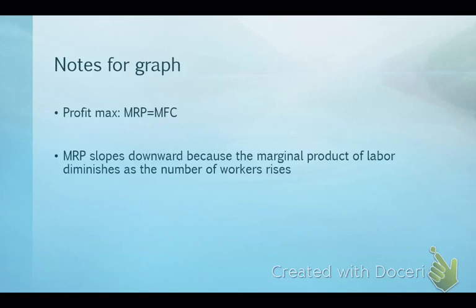The MRP, marginal revenue product, slopes down because the marginal product of labor diminishes as the number of workers rises. That's our principle of diminishing marginal product that we defined earlier. That downward sloping curve illustrates that. Okay, that's why it's going to slope downward.